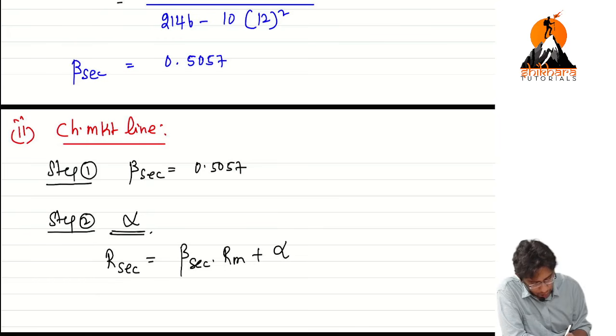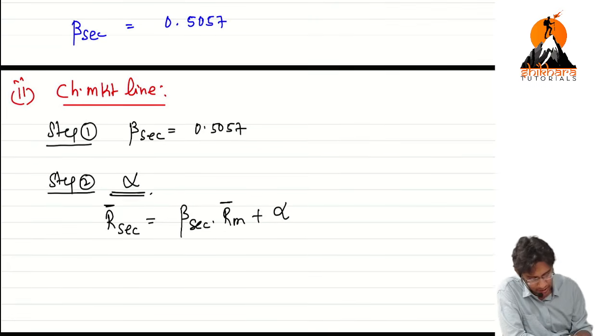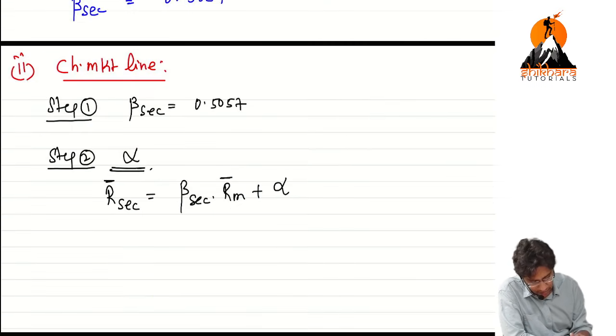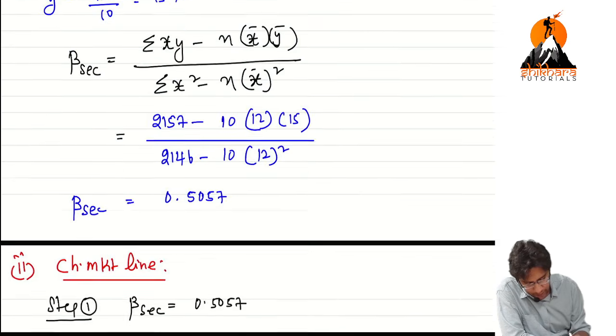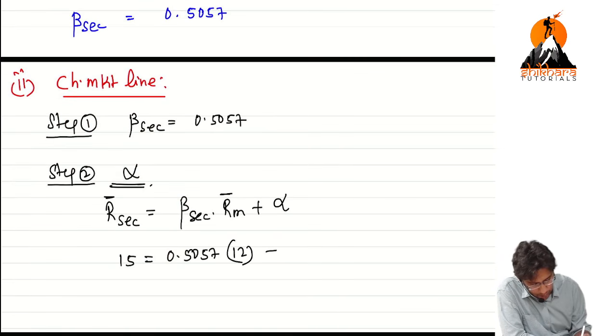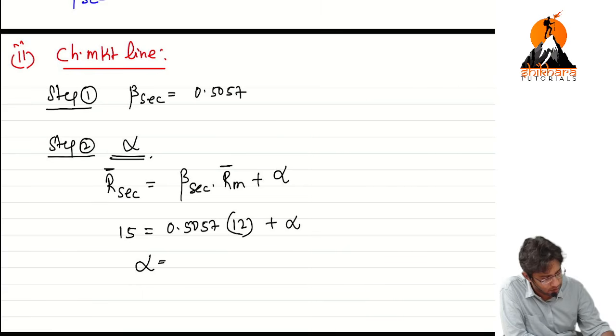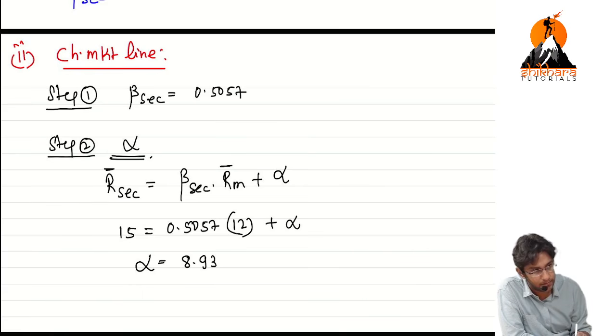If you directly want to do it, directly write this for expected data itself. The answer will come directly. Expected return of security is 15, correct. Beta is 0.5057. Rm expected 12 plus alpha. So alpha is equal to 8.93. Okay, fine.